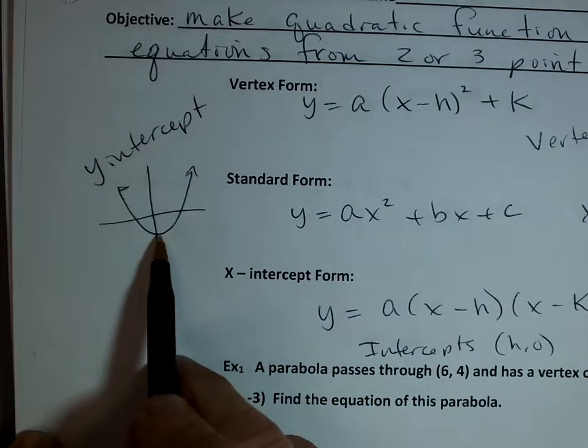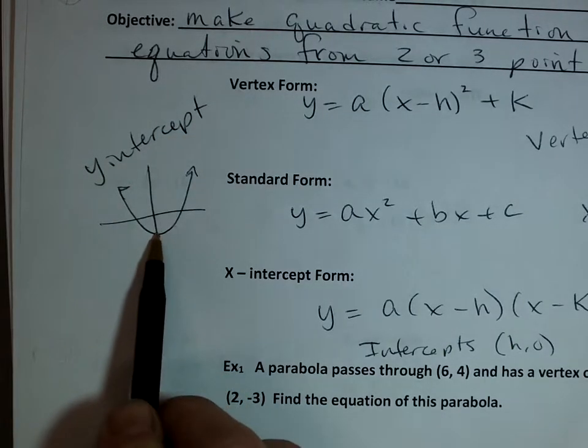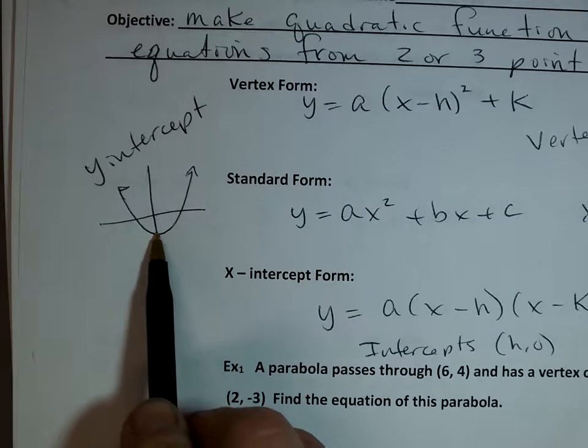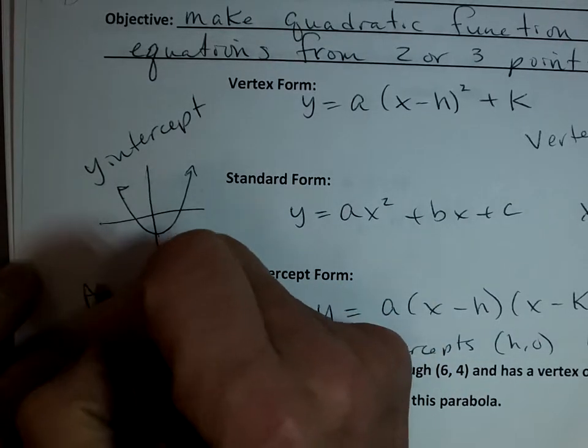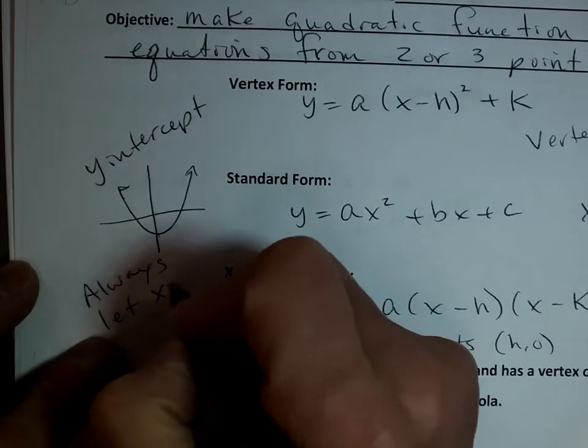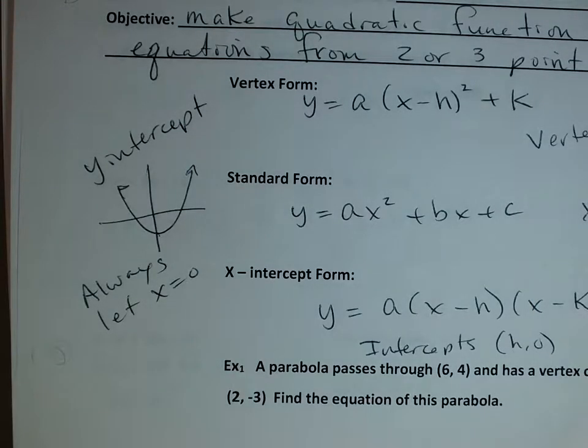So right here, Daisy, is a y-intercept, right? What would be the x value of this point? 0. So to find the y-intercept, always let x equal 0, and you get the y.